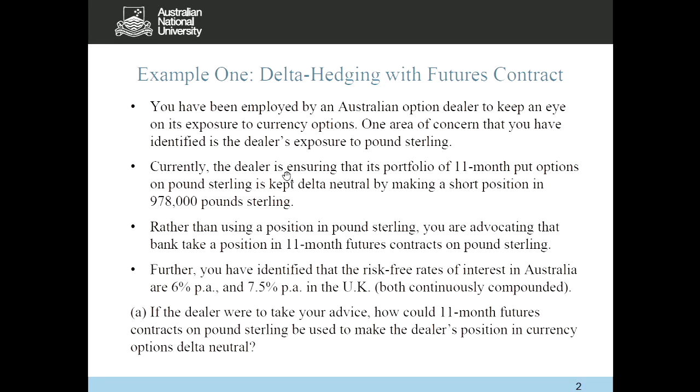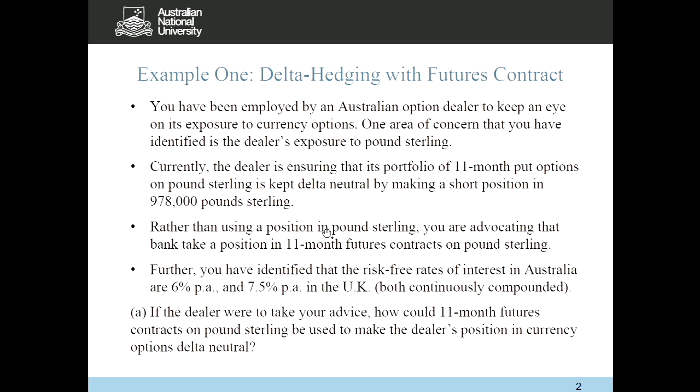It says, you have been employed by an Australian option dealer to keep an eye on exposure to currency options, and one area of concern that you have identified is the dealer's exposure to pound sterling. Currently the dealer is making sure that the portfolio of 11 months put options on pound sterling is kept delta neutral by taking a short position in 978,000 pounds.